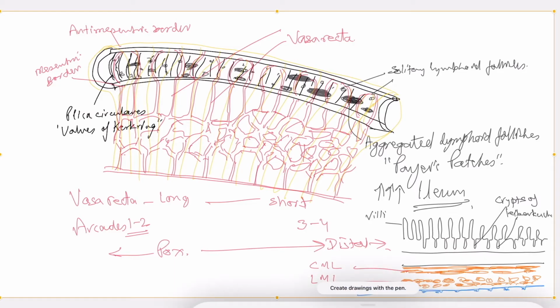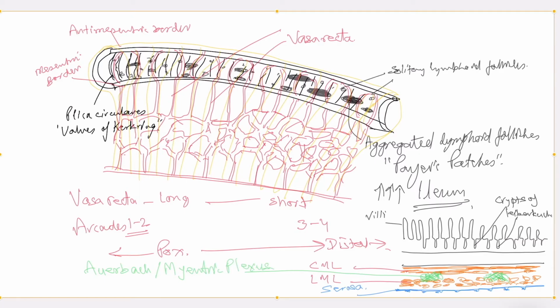In between the circular and longitudinal muscle layers you will find a nerve plexus. This is part of the enteric nervous system, and this plexus is called the myenteric or Auerbach's plexus. There is also a plexus in the submucosa called Meissner's plexus.